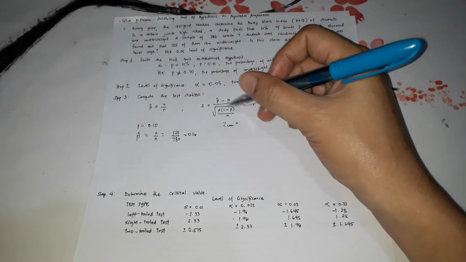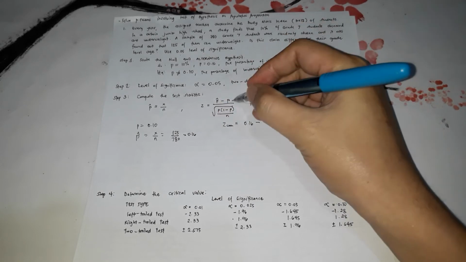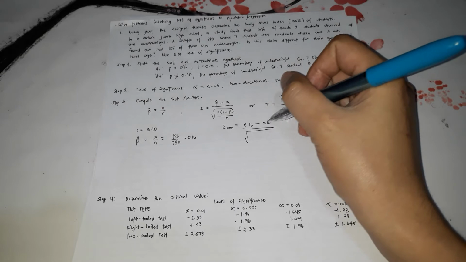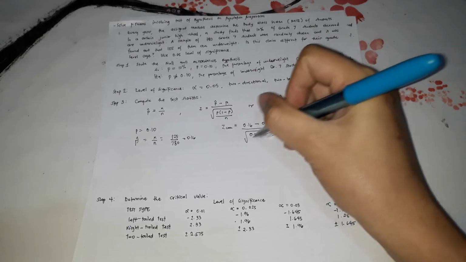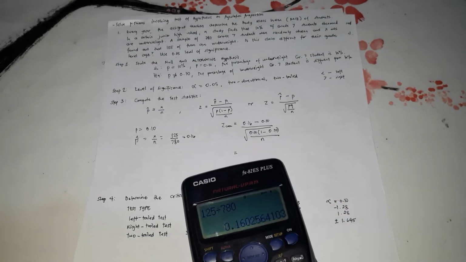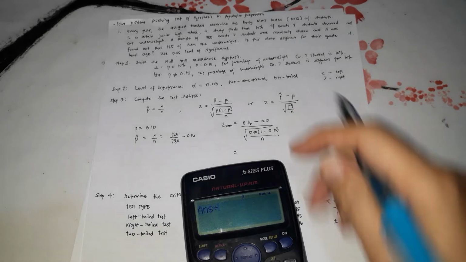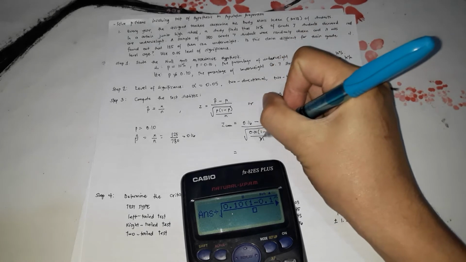You just substitute: P hat is 0.16 minus P, which is 0.10, over the square root of 0.10 times 1 minus 0.10, over n, which is 780.